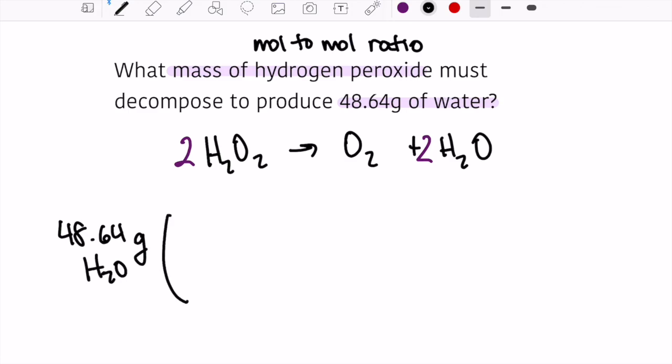Now we want to use that mole ratio because we're switching compounds, but we're given grams. So when we're given grams and we want to convert to moles, what do we use? We use the molar mass. So that first step is to find the molar mass of H2O. I'll give you guys a few seconds to do that.